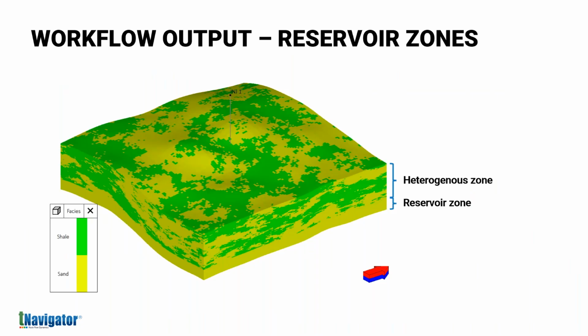So we have two regions here, two zones. The bottom zone is where we'll be injecting, and that's called the reservoir zone, and it's always completely sand in all of our cases. What we do is modify the heterogeneous zone, which is the second zone on top. So all the parameters I mentioned will be affecting this zone only.